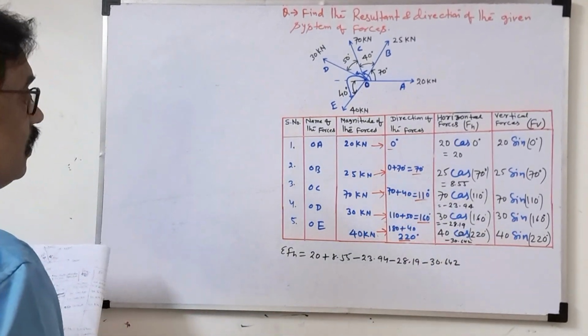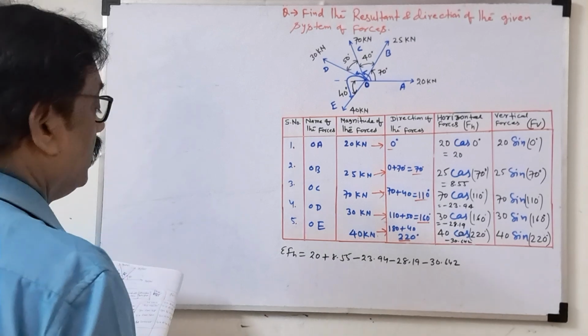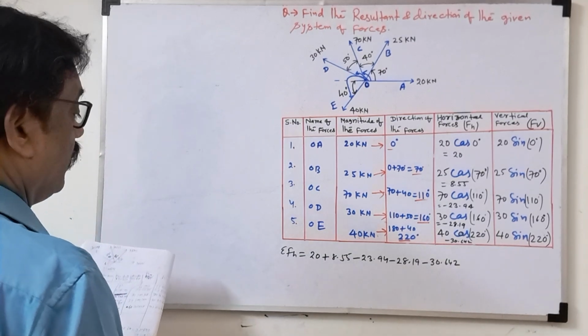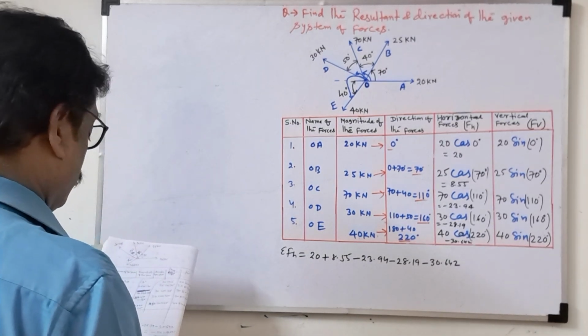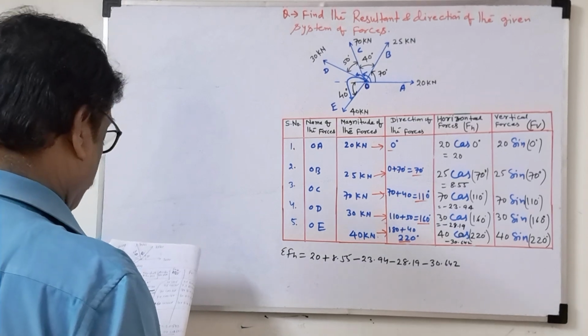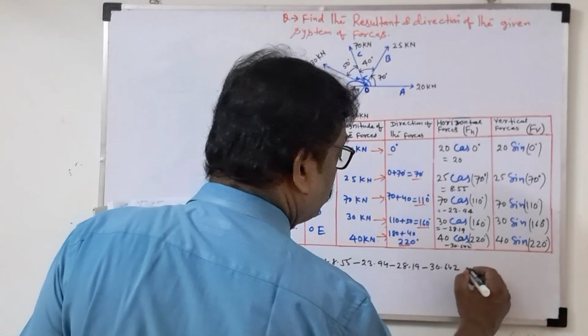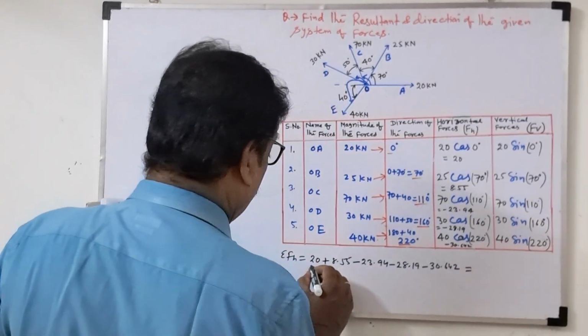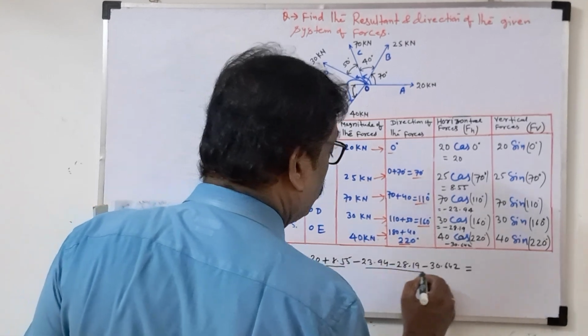So we'll check the values: 20, 8.55, 23.94, minus 28.19 and 30.642. If we add, the positive ones are added and the negative ones total minus.